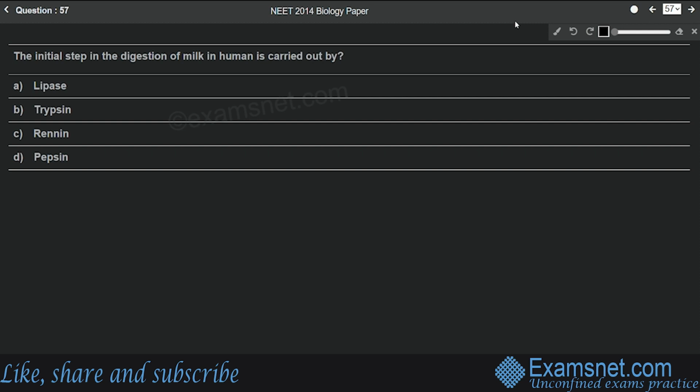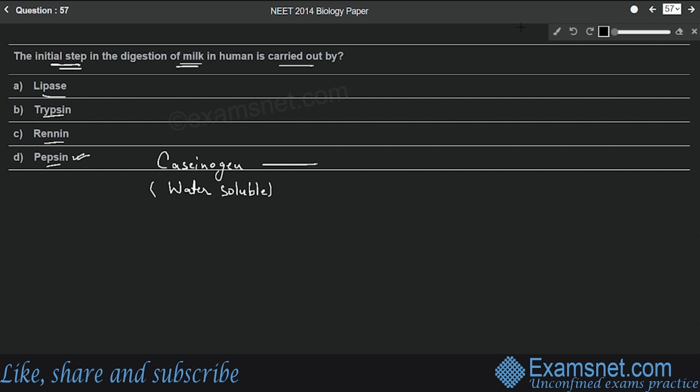Question number 57 is from the chapter Digestion and Absorption, and the question is, the initial step in the digestion of milk in human is carried out by, options are lipase, trypsin, rennin and pepsin. So the correct answer will be pepsin. The milk protein digesting enzyme in our stomach is pepsin. Okay, so it first acts on the water soluble milk protein, that is caseinogen. Caseinogen is a water soluble milk protein.